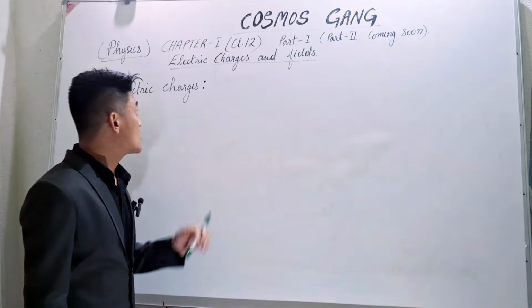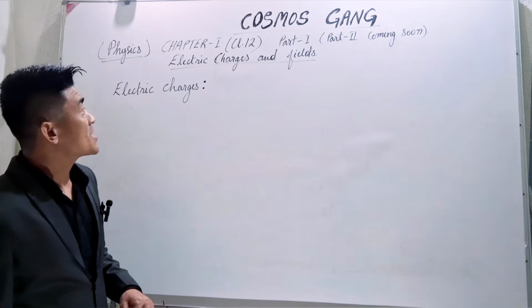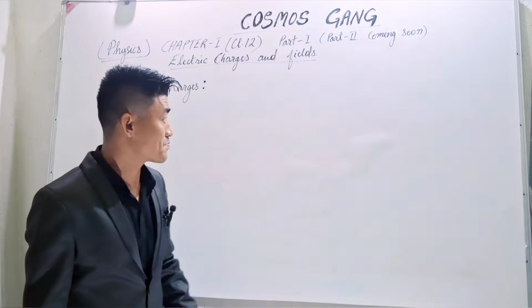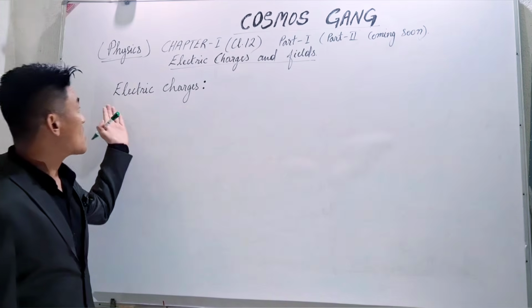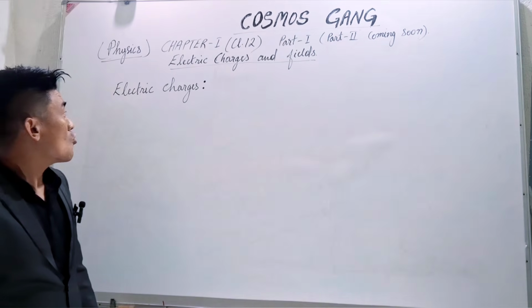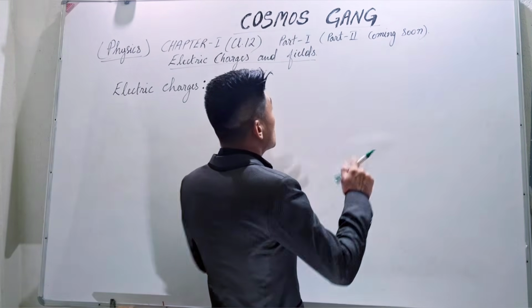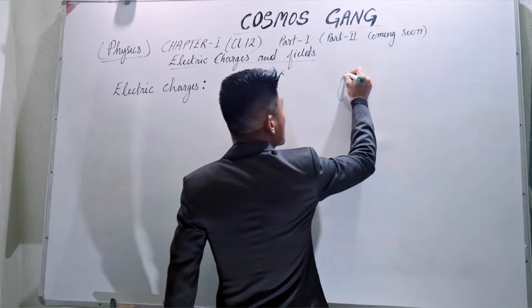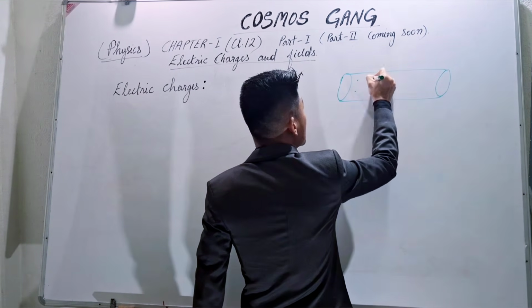Today we'll be doing Class 12, Chapter 1, Physics, Electric Charges and Fields. To begin with, let us start with what are electric charges. To know electric charges, consider an object that consists of particles in it.